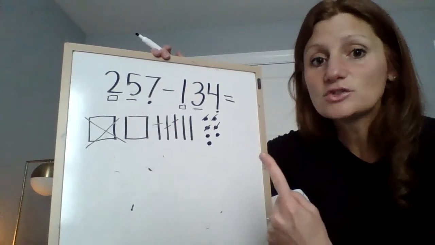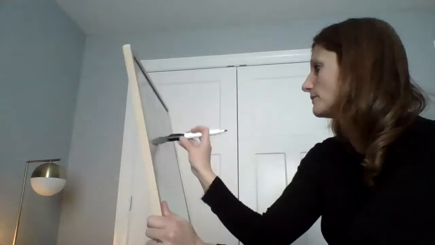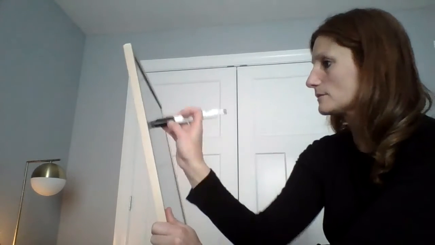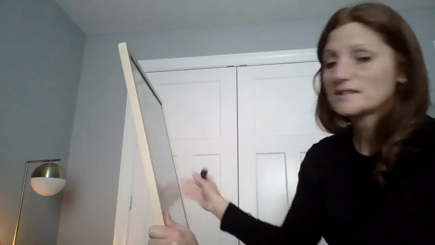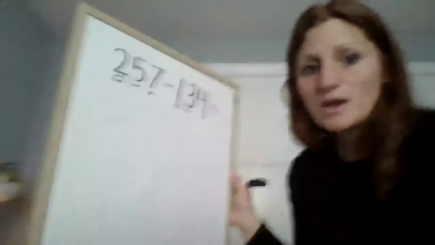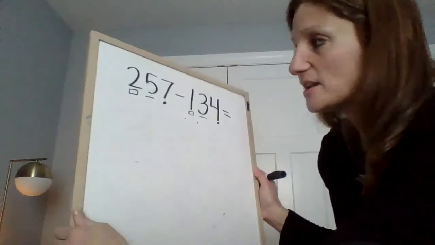Okay, so let's try this same problem using another strategy. Let's go ahead and try our towers because that's a really great strategy and it's very helpful and it works all the time. Okay, so for this one, we're going to build a tower of 257.